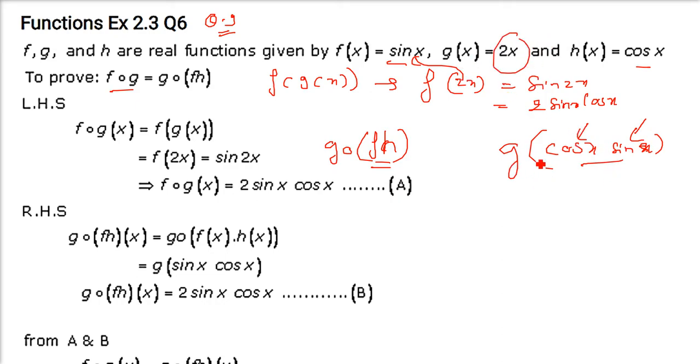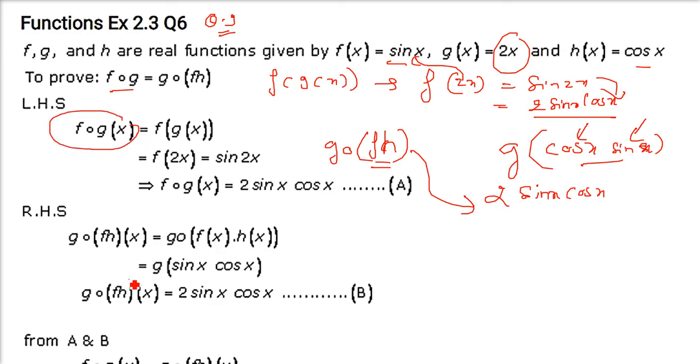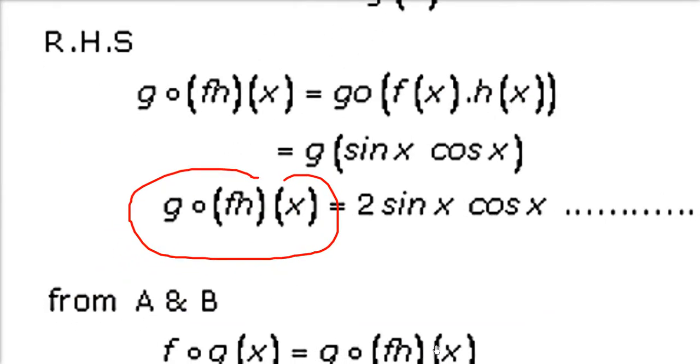Now put it inside gx, which is 2x, 2 into x. So you get 2 sin x cos x. This is 2 sin x cos x because it was sin 2x. This is also 2 sin x cos x. So both are the same. For f operation of g is equal to g operation of fh. How are you going to write it? Like this: f of gx is g of fhx.